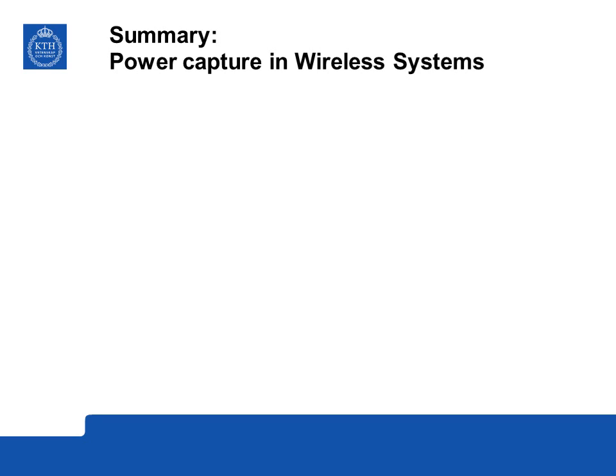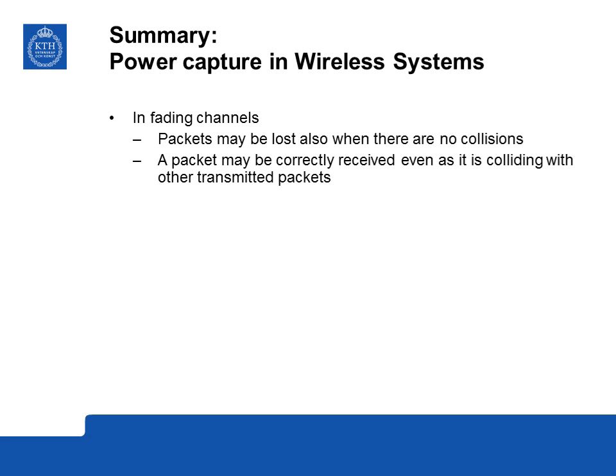And this brings us to the summary of the seminar. In fading channels, packets may be lost also when there is no collision, or a packet may be correctly received even if it's colliding with other transmitting packets if the signal differences are large enough.